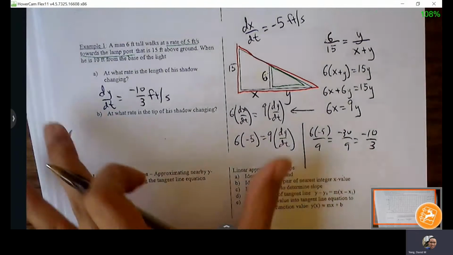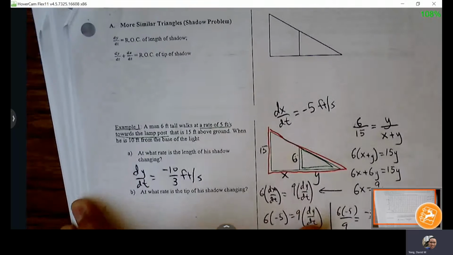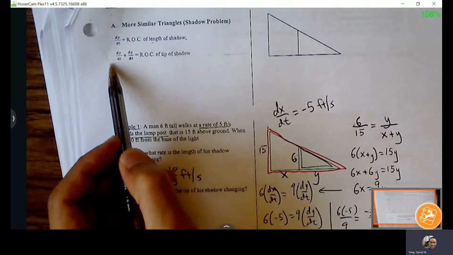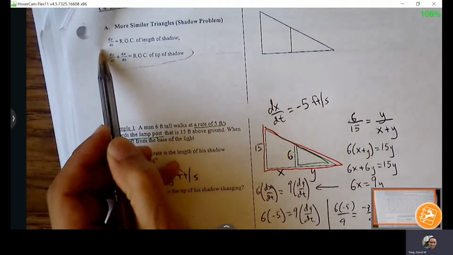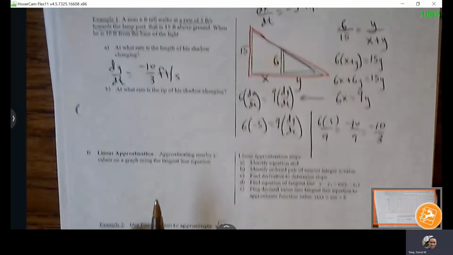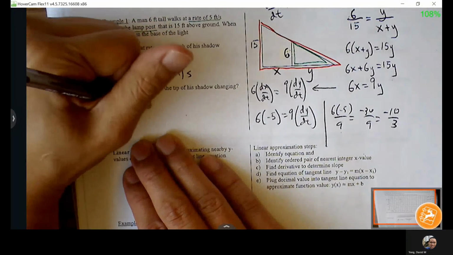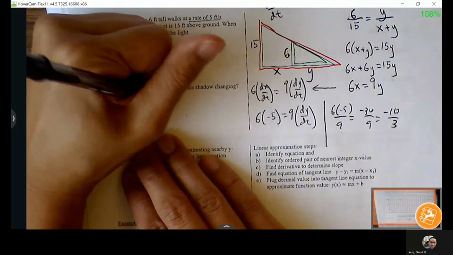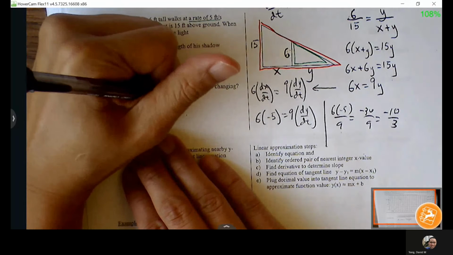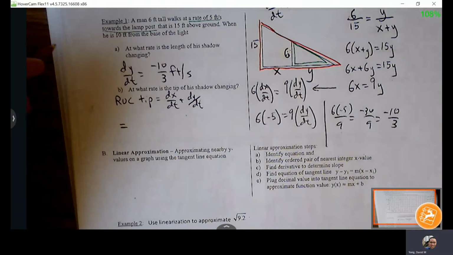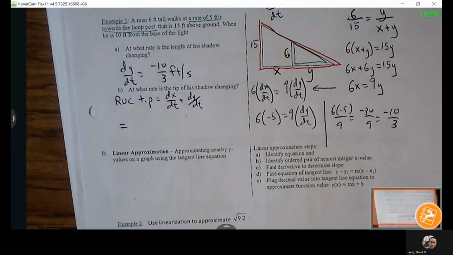Okay, part B, at what rate is the tip of the shadow changing? So for the tip of the shadow, we add the two rates together, dx/dt and dy/dt. -25 over 3.